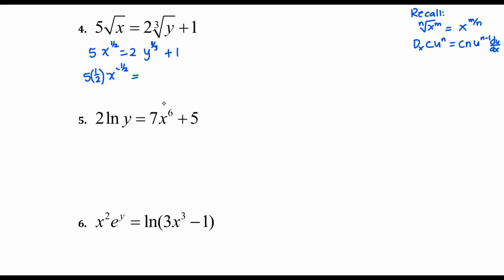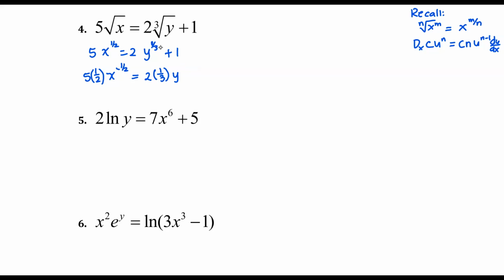And that is equal to 2 times, you bring down 1/3. So 2 times 1/3 times y to the 1/3 minus 1. And 1/3 minus 1 is equal to negative 2/3.